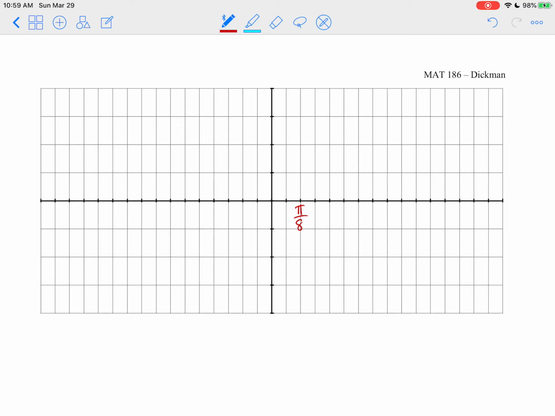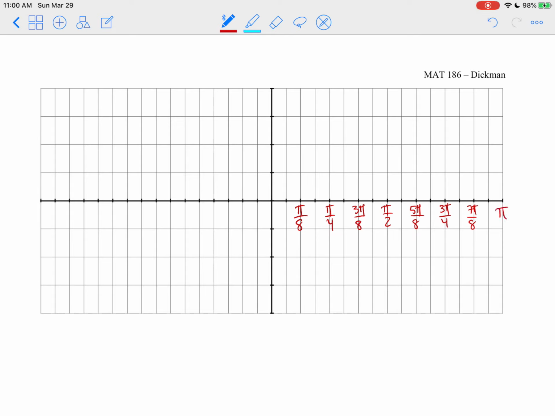So pi over 8 is my first distance. 2 pi over 8 is pi over 4. 3 pi over 8 is 3 pi over 8. 4 pi over 8 is pi over 2. 5 pi over 8 is 5 pi over 8. 6 pi over 8 is 3 pi over 4. 7 pi over 8 is 7 pi over 8.